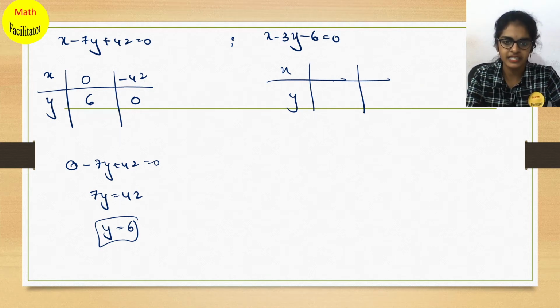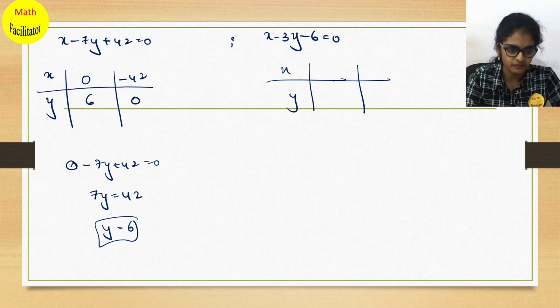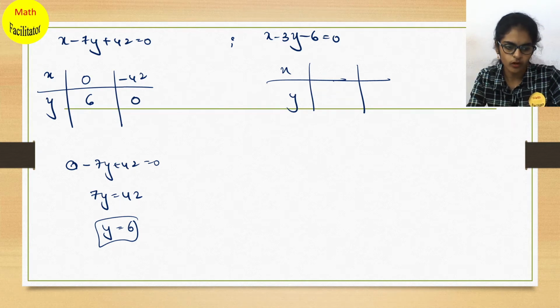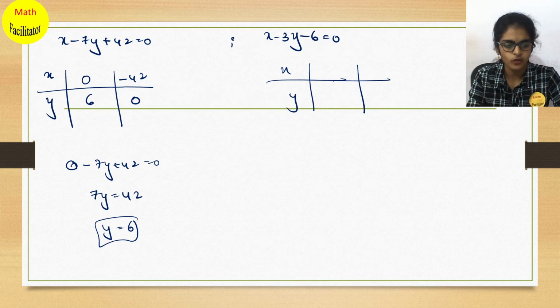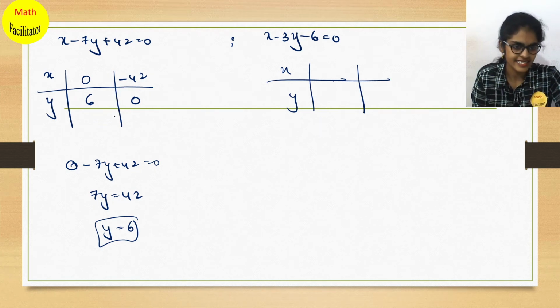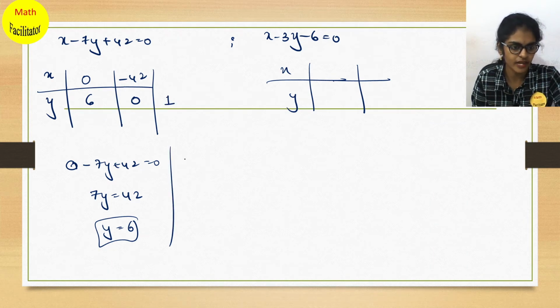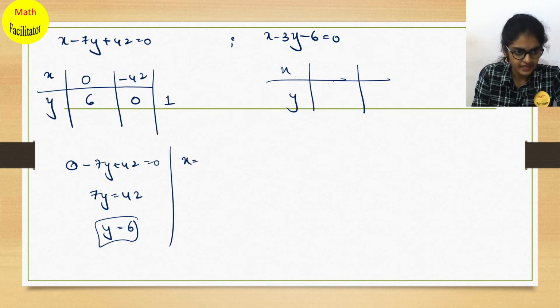For example, just take x as 1 or 2 and see how much you are getting. Again, you will get a bigger value. Or let us take y as 1 and see what value we get.